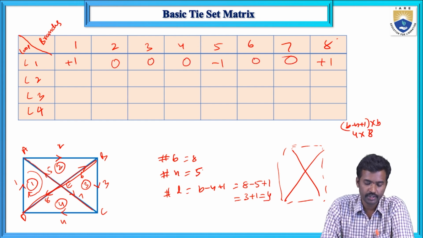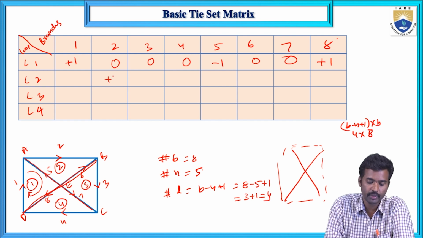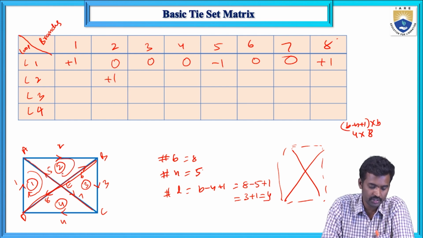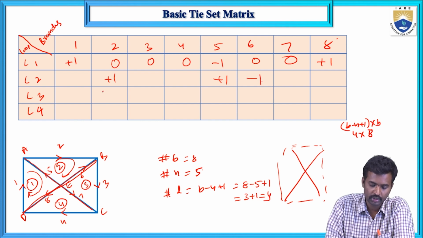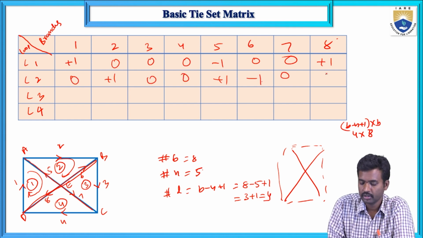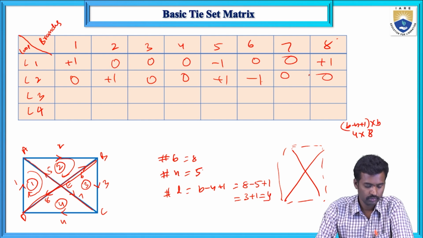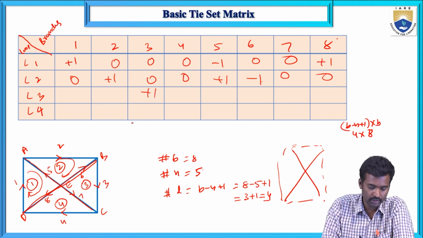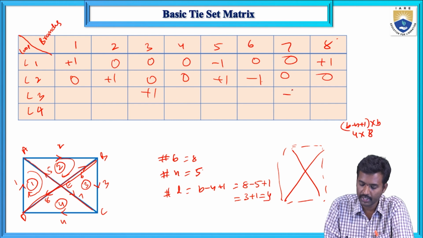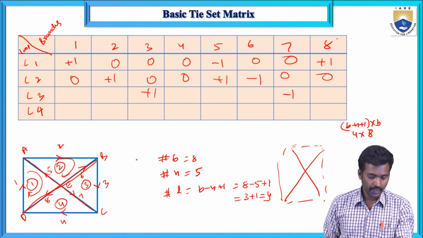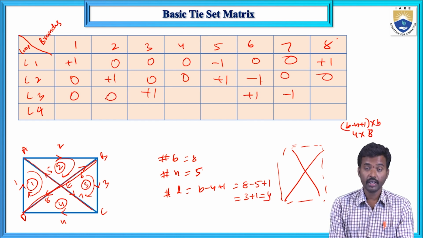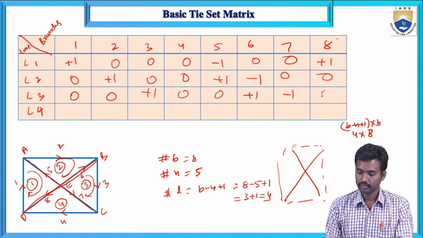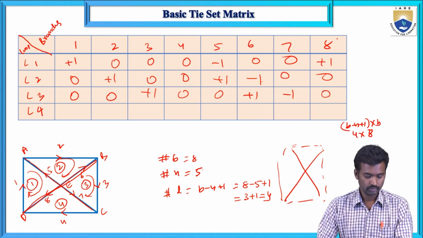And 2 is plus 1, the same direction, and 5 is the same direction, plus 1, and 6 is the opposite direction, minus 1, and remaining elements are 0. And for the third loop, plus 1, 7 is the opposite direction, minus 1, and 6 is the same direction, plus 1, remaining elements are 0.